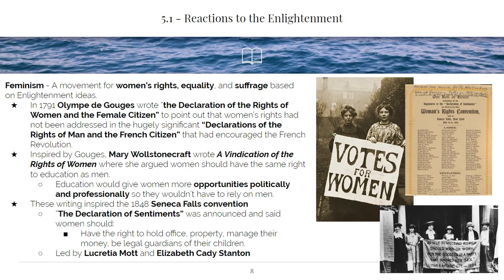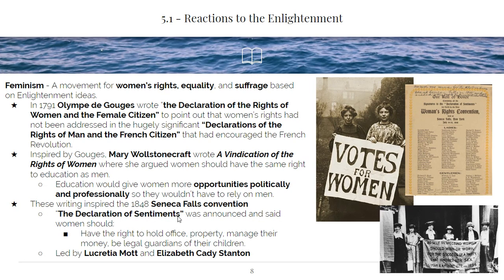So I would go through this and talk about this. If there is something about the Enlightenment, there's definitely going to be a document from women fighting for their voice. Like I said before, Mary Wollstonecraft wrote "Vindication of the Rights of Woman," where she argued women have the same right to an education as men. These writings inspired the 1848 Seneca Falls Convention.